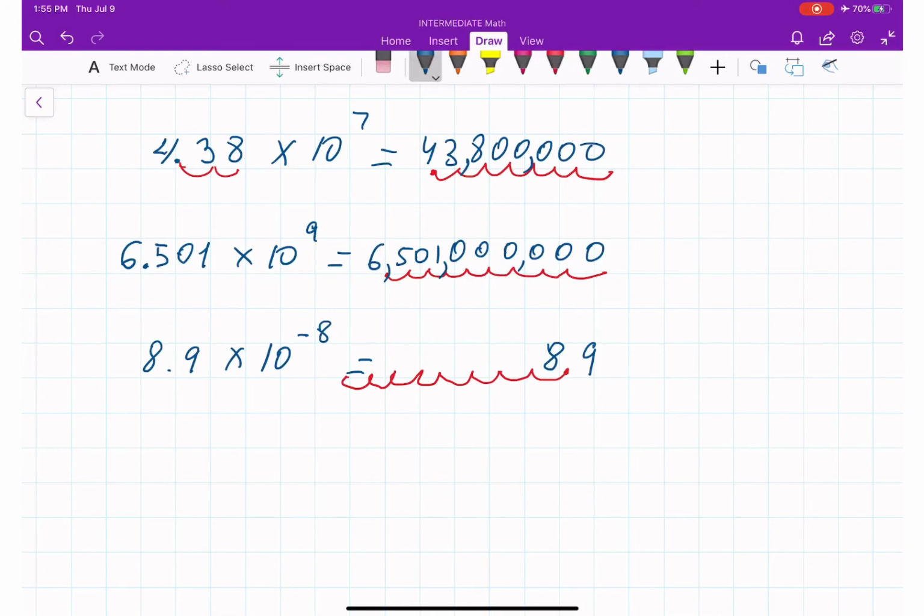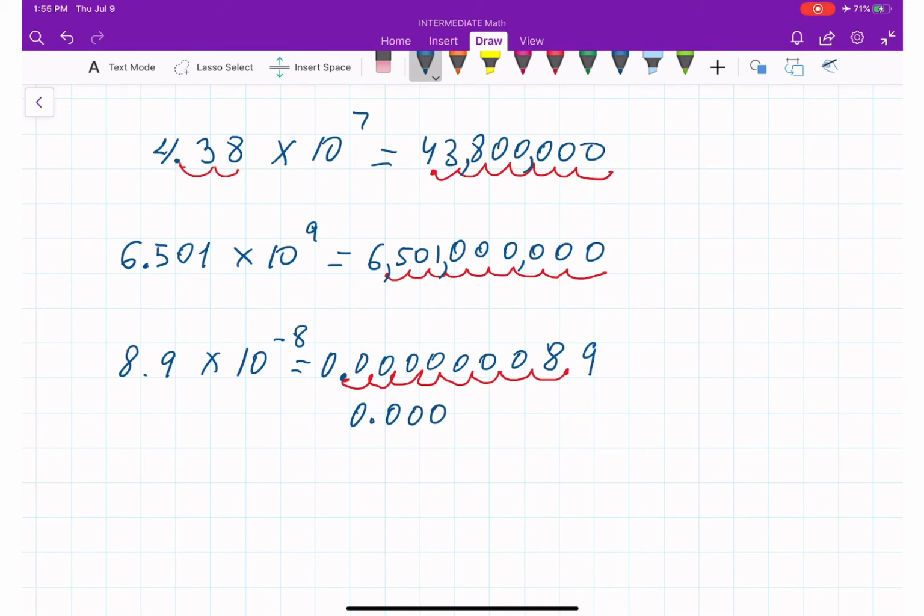Okay, the point is going to be right here. So let me do some shifting. All right, this is equal. So it will be 0 because the point is right here. So 0, 0, 0, 0, 0, 0, 0, and 8. So the number will be 0.000000089. All right? And that will be our number.